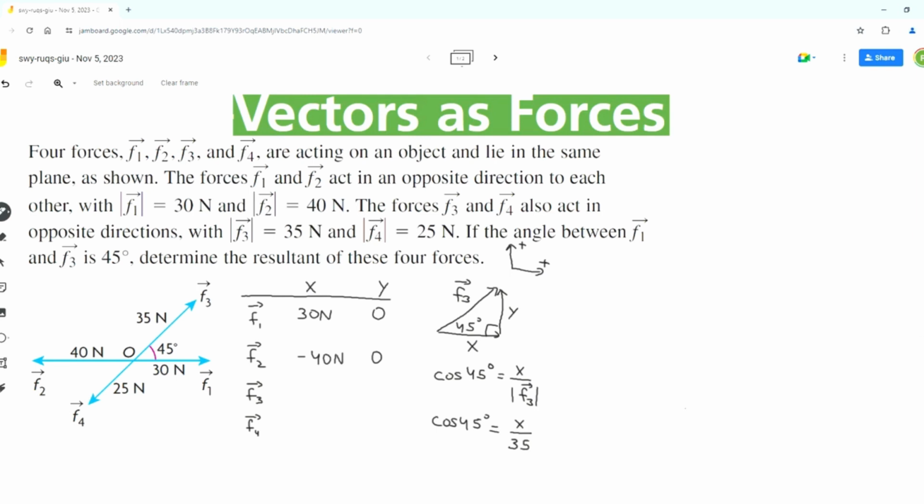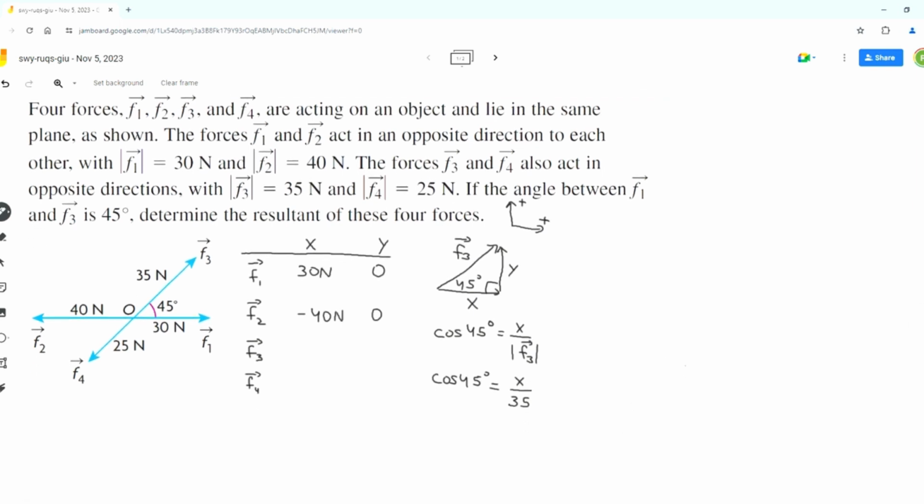Now we can cross multiply to find the value of x. So I got 35 times cos 45 is equal to 24.75, and the unit is newtons. F3 is directed to the right side and is also going up, so that's why its x and y components will be positive.